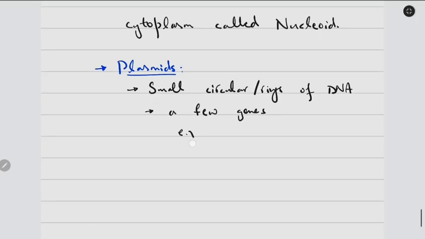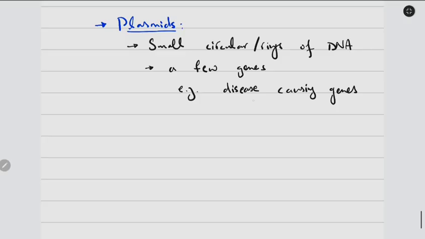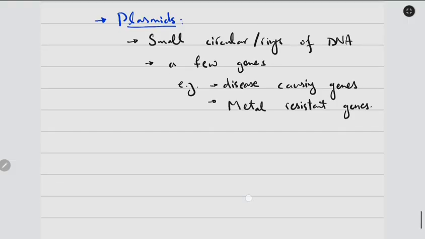For example, disease-causing genes are present sometimes that would cause diseases in plants and animals, and sometimes insect-resistant genes or metal-resistant genes that would help protect the bacteria against insects, metals, etc. So those are plasmids. That's a unique feature in bacteria.